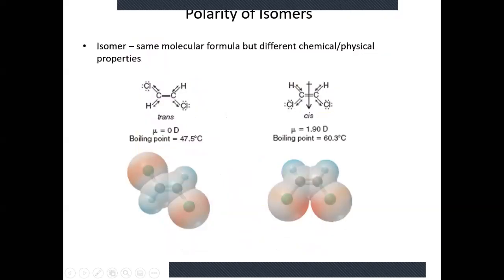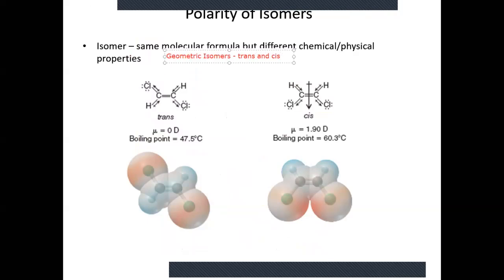Now, one other thing is in organic compounds, you have what are called isomers, which are compounds that have the same formula but different chemical and physical properties. And these are called geometric isomers. So geometric isomers, we have trans and cis.